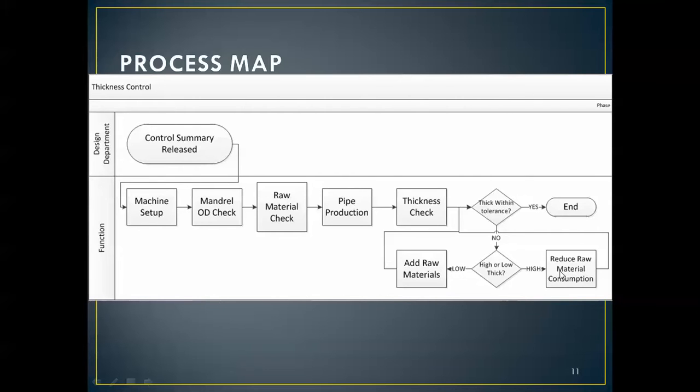And if it is higher, the operator will reduce some raw material. And at this point, reducing raw material and adding raw material, based on what? This is a main problem, that the operator sometimes is adding just from his opinion, he's thinking about something and deciding on his own.